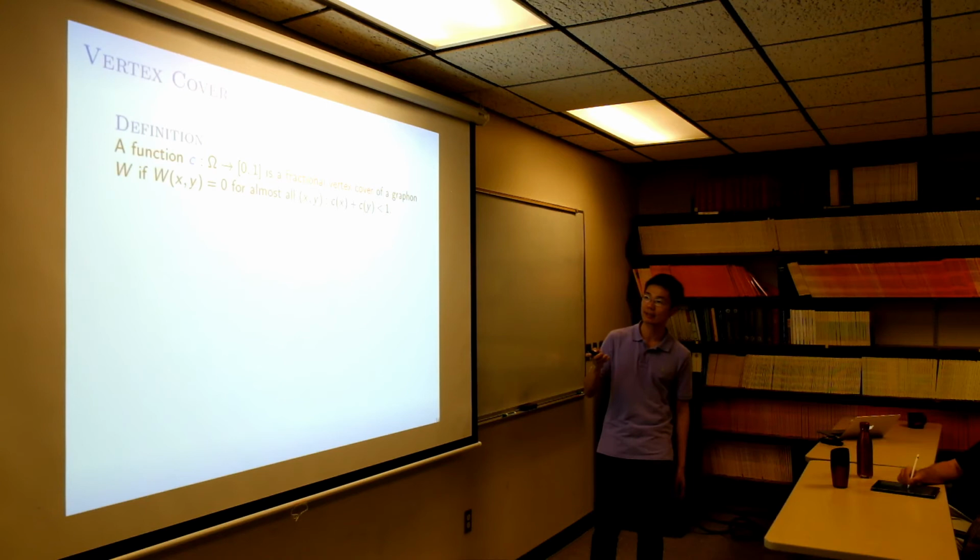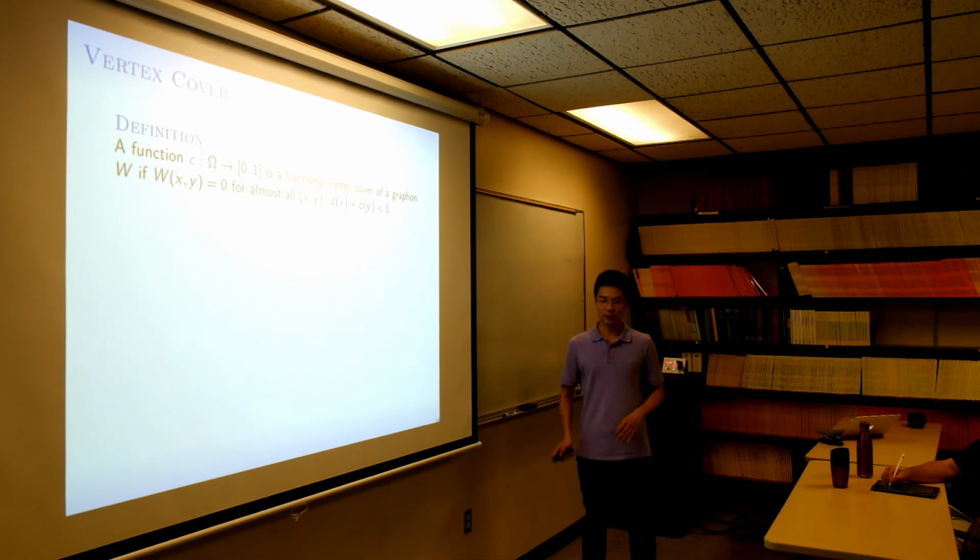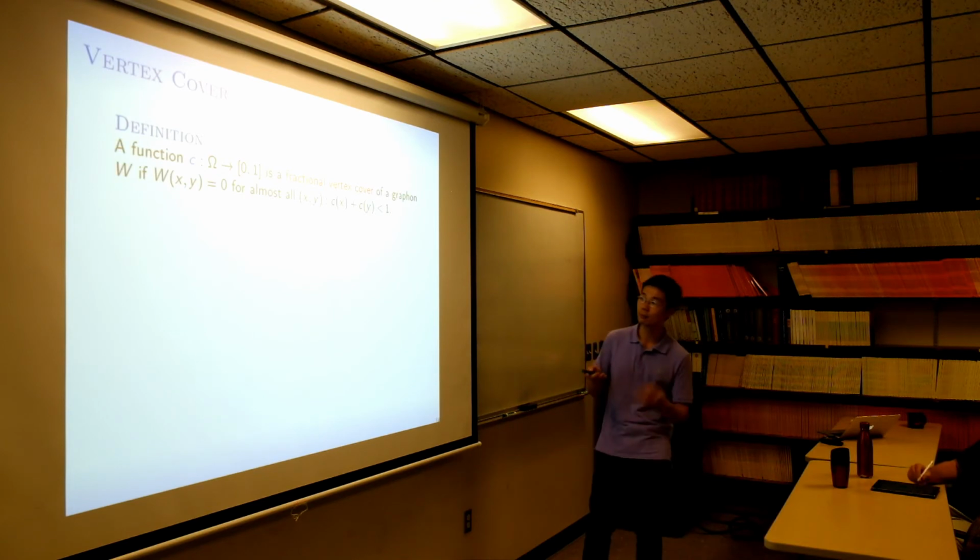You can just think of C as a function from [0,1] to [0,1]. It is a fractional vertex cover if, borrowing the idea from the fractional vertex cover of a graph, for almost all x,y, if W(x,y) is 0, then C(x) plus C(y) is less than 1.